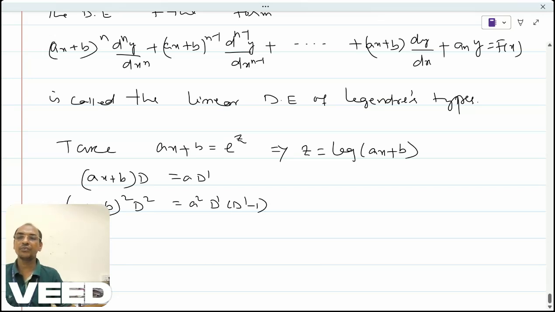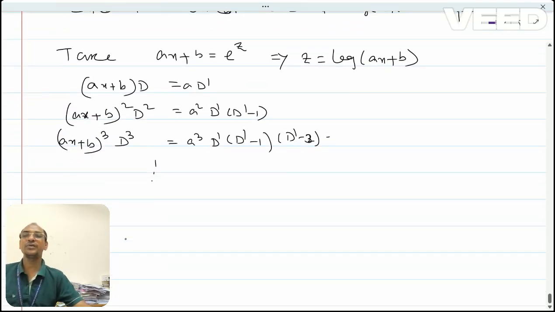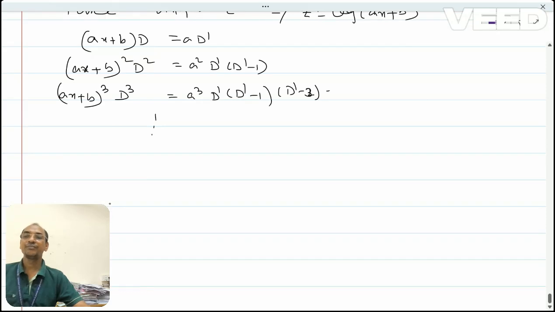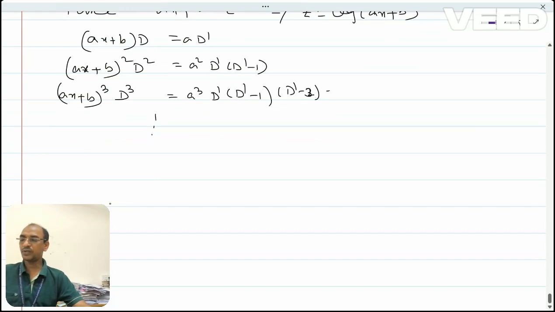Similarly, (ax plus b) cubed D cubed will be nothing but a cubed D dash into D dash minus 1 into D dash minus 2, and so on. Like this we can reduce the variable coefficient equation to a constant coefficient differential equation. And as usual, after getting the solution in terms of z, we will replace z by log of ax plus b. So now let us take an example.